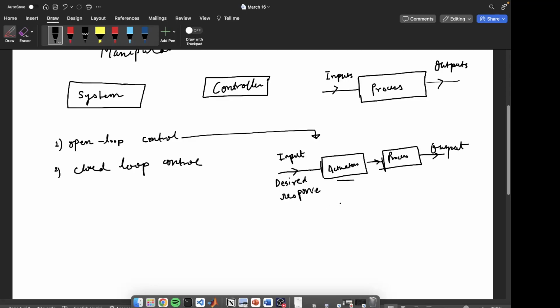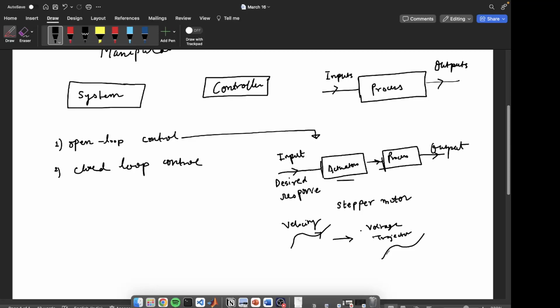An example of a device that works in open loop is a type of actuator called a stepper motor. An example of open loop control can be that you want to track some velocity. You give a velocity trajectory which is then converted into a voltage trajectory.